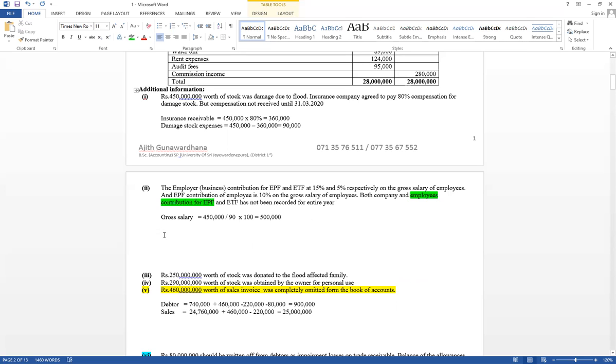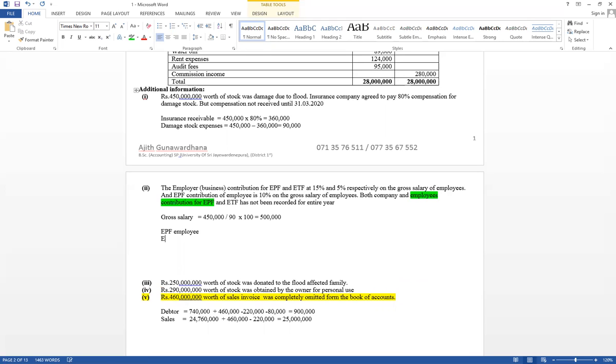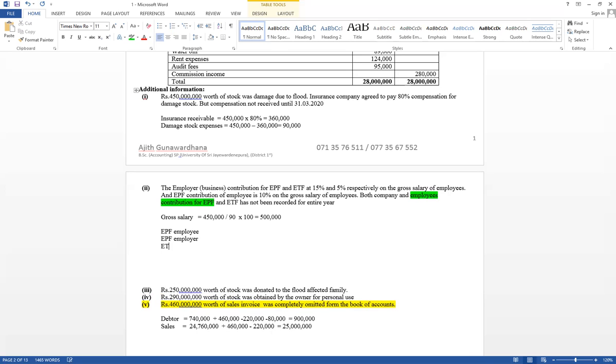Then try to calculate EPF employee, and EPF employer, as well as ETF employer.